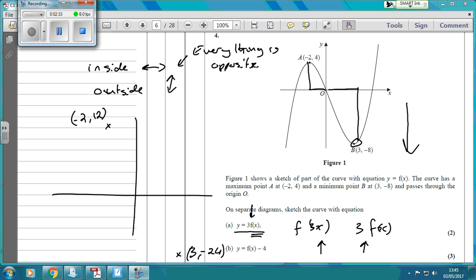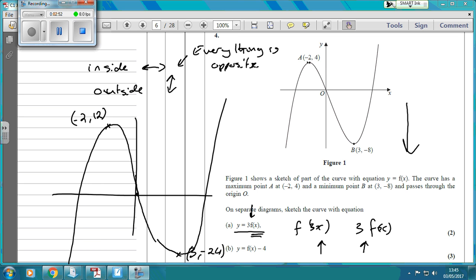But because this point here goes through the origin, that's going to stay exactly where it is. So it's going to go up and down, and then this point you've got to make it look like it's going through the origin. Not like that, so that should be a smooth curve. Okay, so that's what we do for that question.